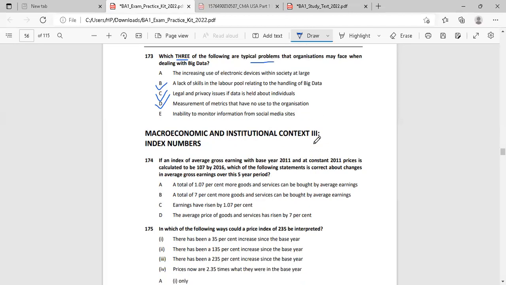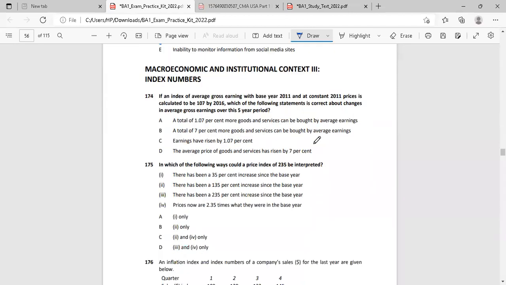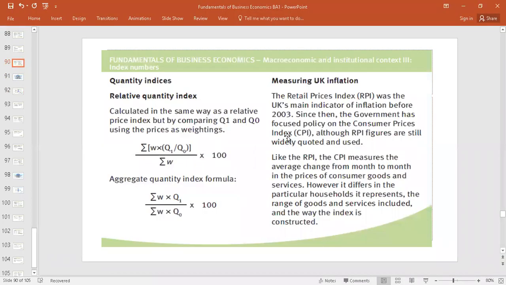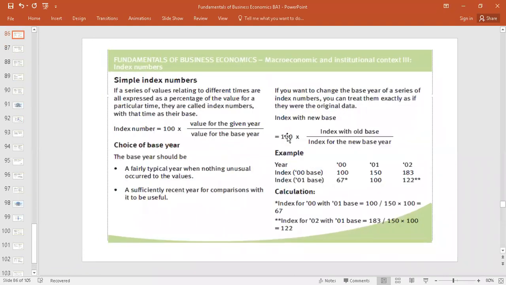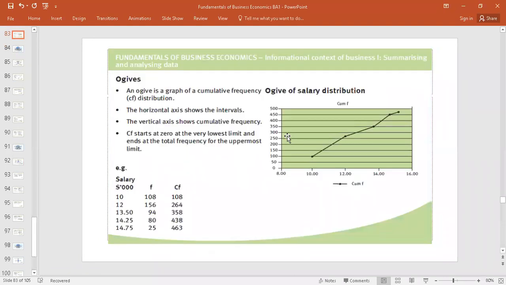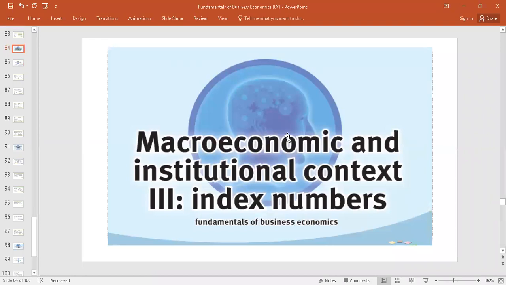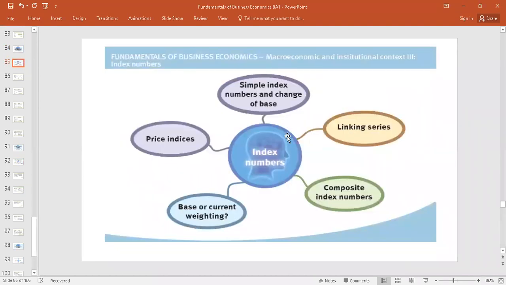So we are now moving into the next topic called index numbers. We are done with this one, and now we have to talk about what are index numbers. Macroeconomic and institutional context 3, index numbers. So what are index numbers?